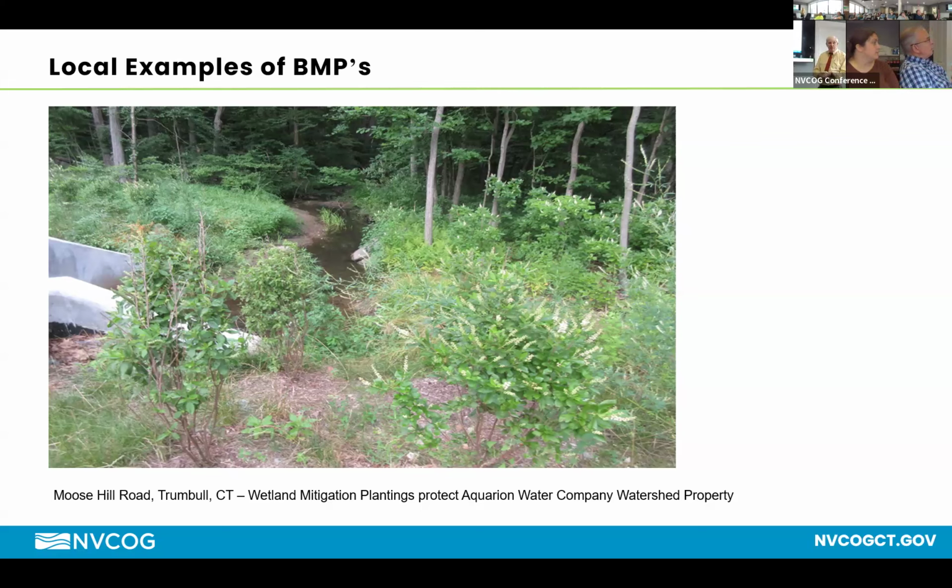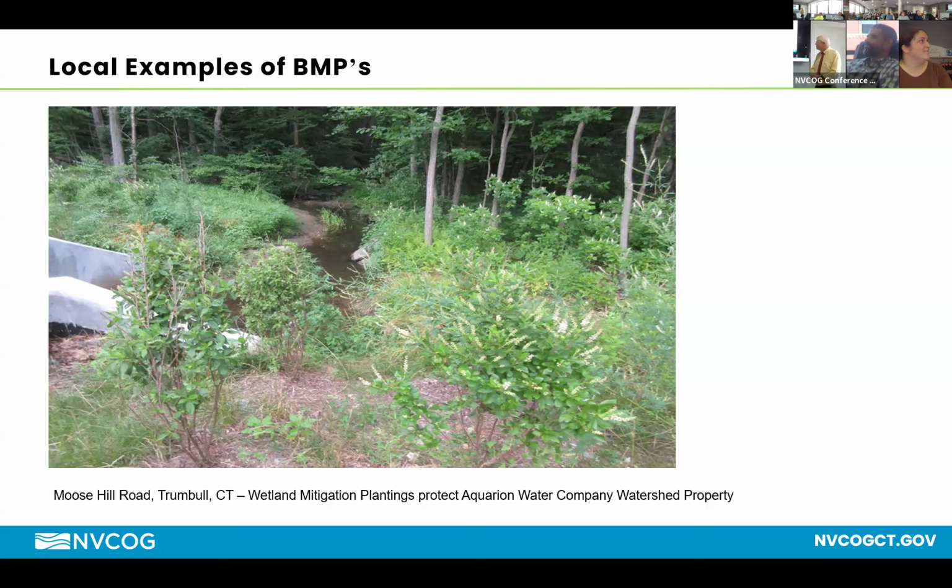So Aquarion's very happy with using native plantings as part of the wetland mitigation around the culvert restoration. I don't want to say it's a selling point, but it's something that the town and the adjoining property owners really appreciated. The only bad part is we have a lot of winterberry there, and sometimes the residents go and cut them for Christmas decorations. But I think the depredation's going down now, so hopefully those will keep growing.